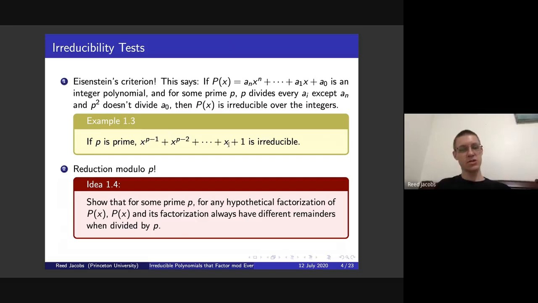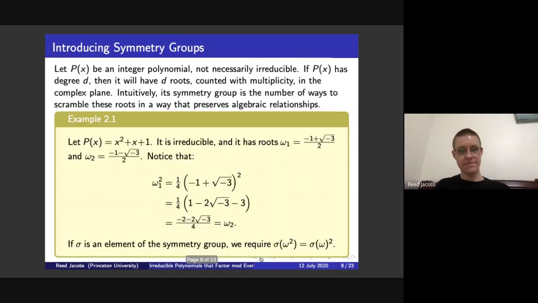This polynomial is x squared plus x plus 1 if p is the prime 3. So its roots are the third roots of unity, -1 plus root -3 over 2, and -1 minus root -3 over 2. You can compute that these are actually the roots of it.